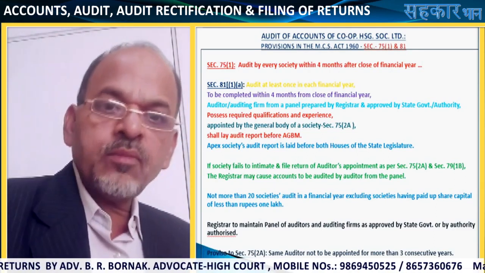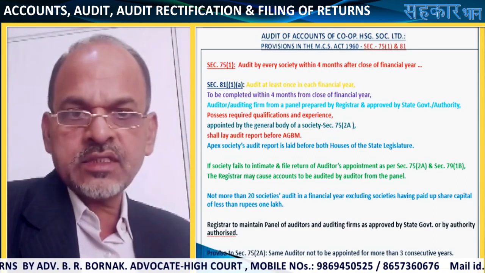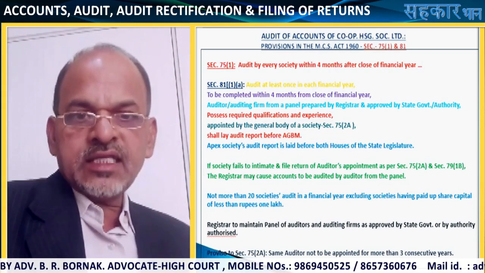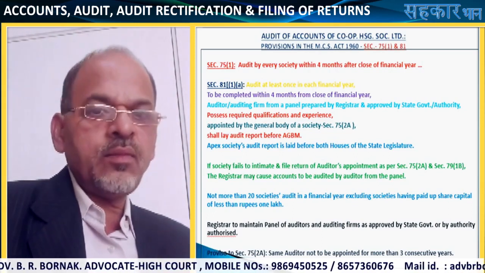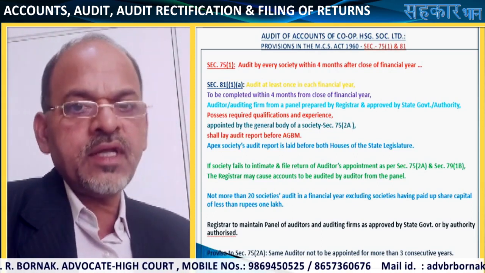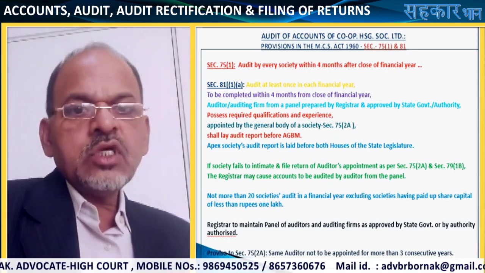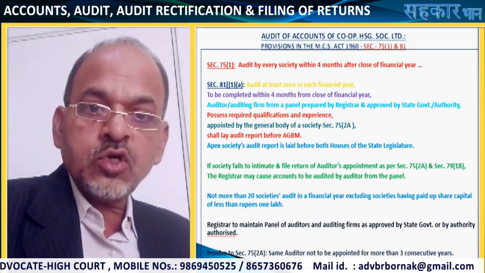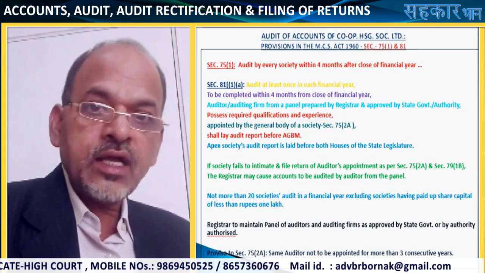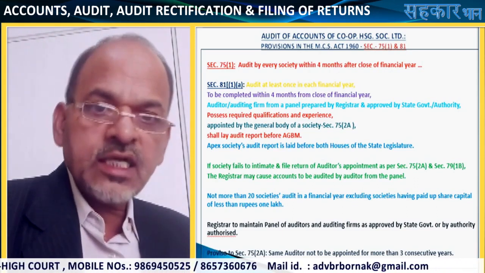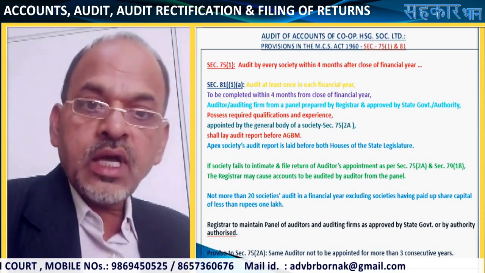So there is a proviso to section 75 2A, not in section 81 but in section 75 2A, and this proviso is important. What is that proviso? That the same auditor who is on the panel of the society is not to be appointed by the society for more than 3 consecutive years.